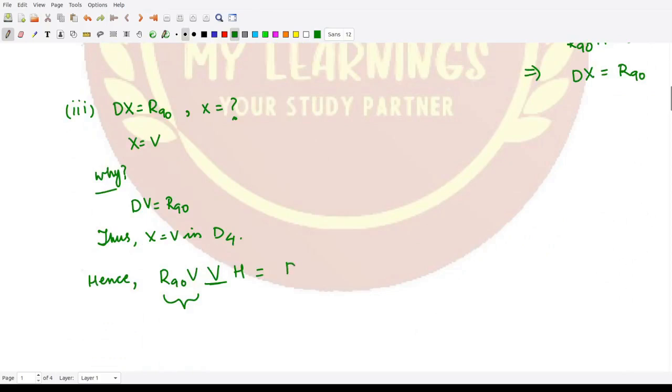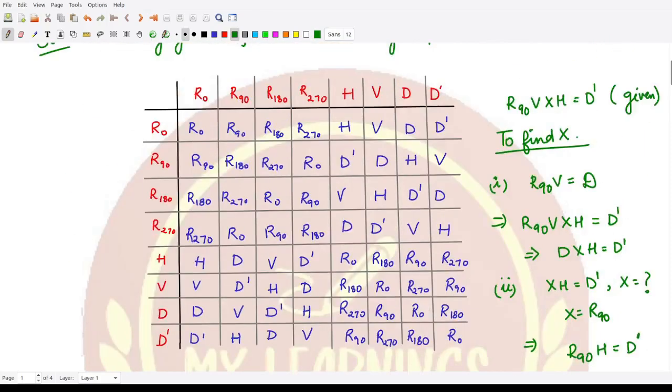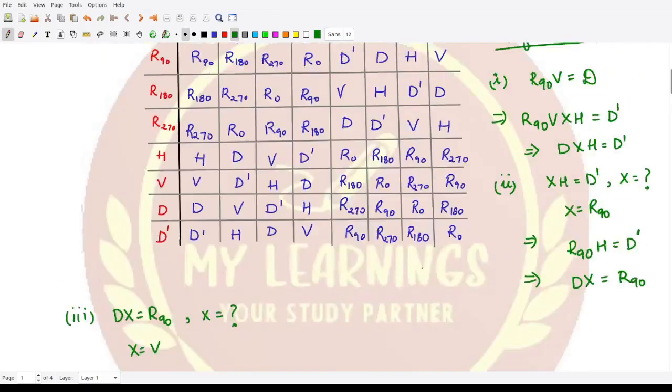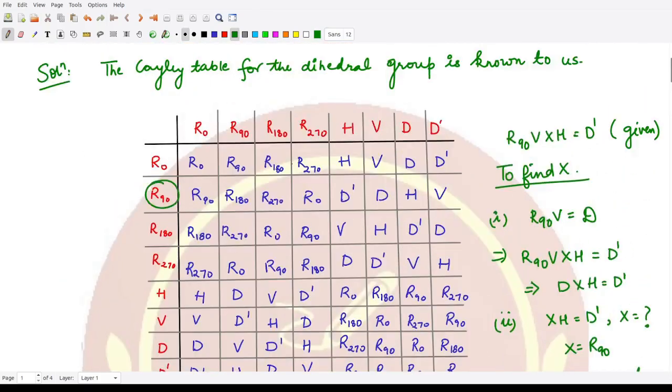So this is D, then V, H. Now what is D V? D is here, V is here, so the value comes out to be R90, correct? So let's substitute it here. R90 * H, let's see what it is. R90 is this one, H is this one, so we have D' as our answer.